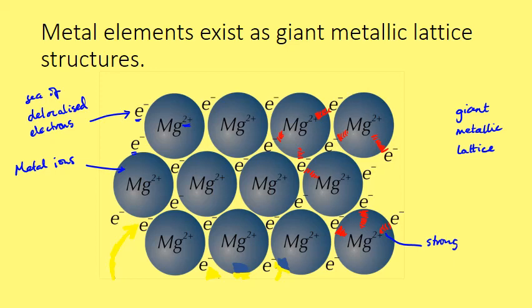These would be the bonds, therefore, that are broken when the metal melts. And so if they are strong, they should have high melting points. So we're going to go and discuss the melting points of metals now.